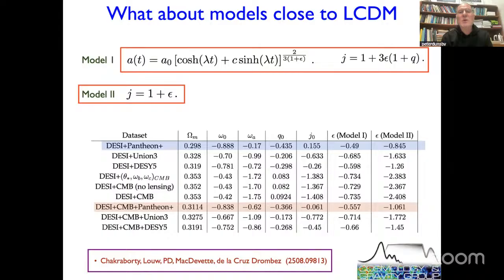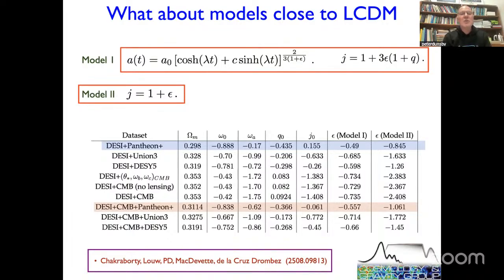If we do that, we can compute exactly what the jerk parameter is. When epsilon is equal to 0, you have exact lambda CDM. If we differ from lambda CDM slightly, there'll be a slight correction to J in the form of 3 epsilon times the deceleration parameter Q.